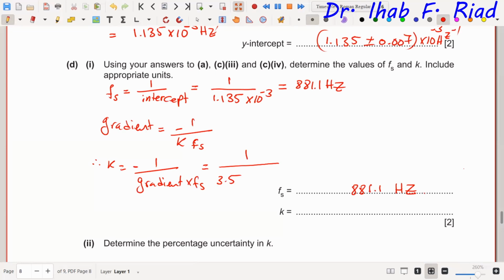Plus. And what is 1 over Fs? 1.135 times 10 to the power minus 3. Sorry, 1 over Fs equals the intercept, right? Yes. Or you can do it like this.